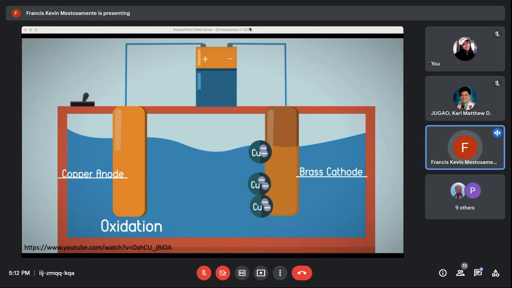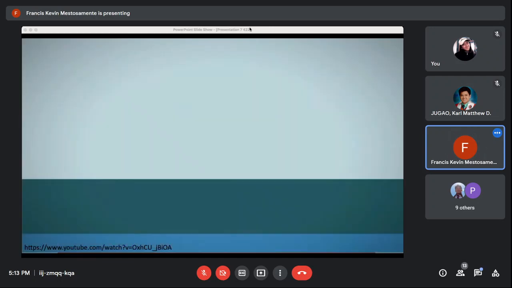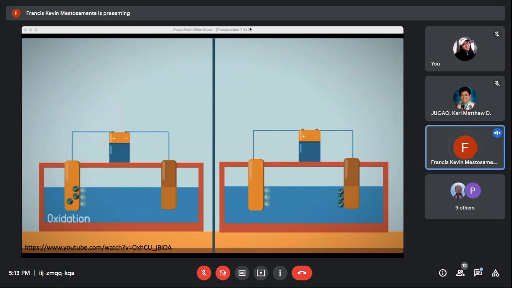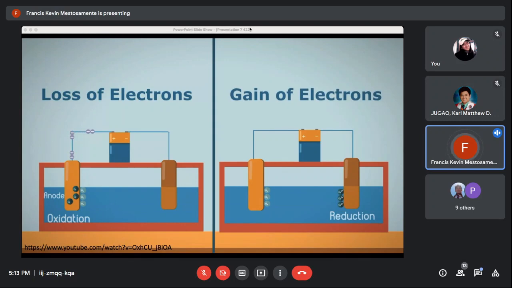The copper anode bar gradually dissolves to replenish the copper ions in the electrolyte solution, so the solution stays at the same concentration. If another metal was used at the anode, then the copper sulfate solution would get paler or less concentrated. So just remember that oxidation, the loss of electrons, takes place at the anode, and reduction, the gain of electrons, takes place at the cathode.